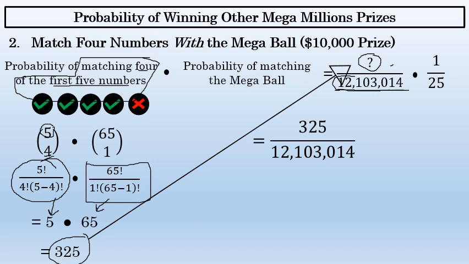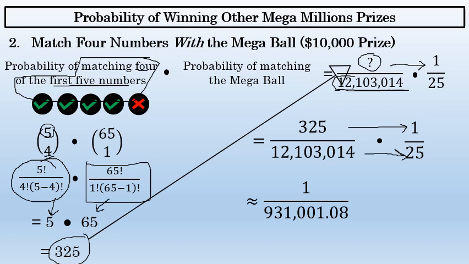This means multiplying 325 times 1 over 12,103,014 times 25, and simplifying, there is about a 1 in 931,001.08 probability of matching the first 4 numbers with the mega ball.